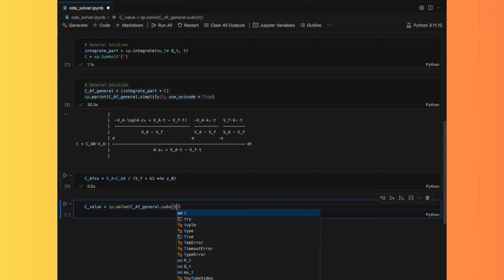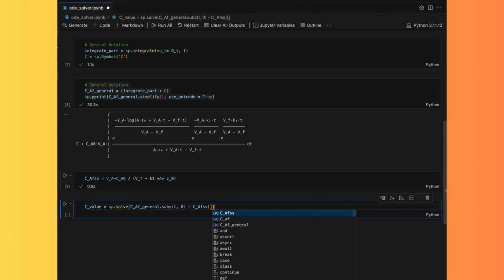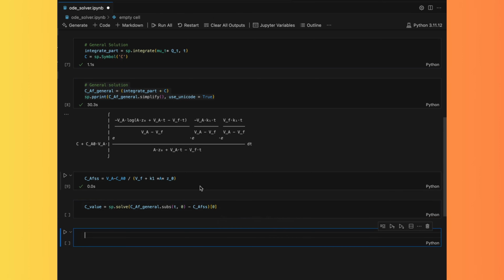With t on Z, let's say minus the steady state. Maybe this solution finds a few outputs, then I want to take the first one, let's say index 0. Then we have the absolute solution.